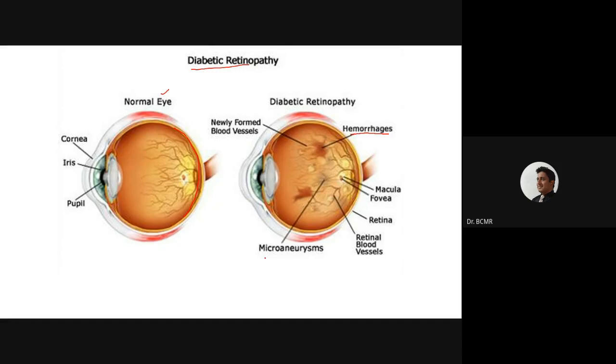The second is microaneurysms, that is formation of fine new multiple blood vessels and a little bit of swelling. So the retina is usually not going to be the same in this case.